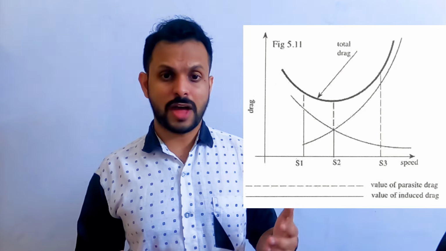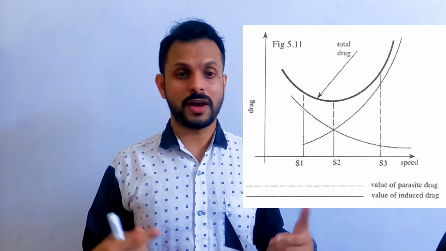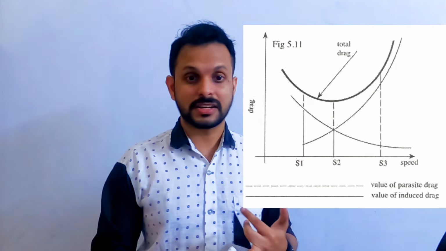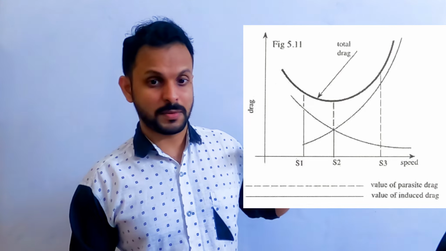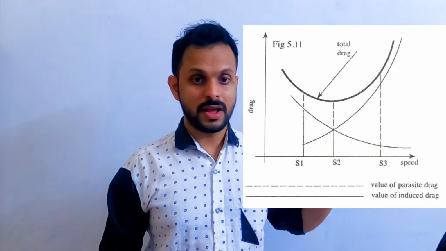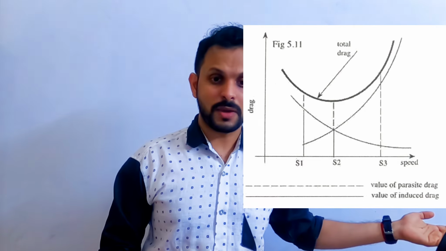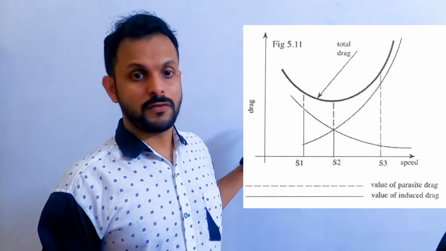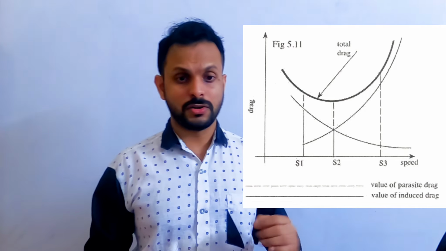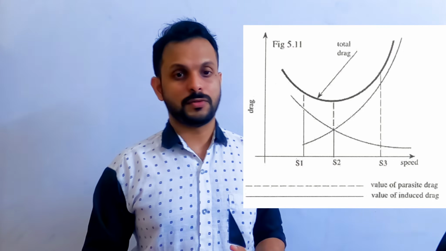The drag is going to be minimum at a point where the parasitic drag intersects with the lift-induced drag. At lower speeds, the drag is higher because of higher lift-induced drag, and at higher speeds, the drag is higher because of higher parasitic drag. So you have to come to a point where the parasitic drag and lift-induced drag intersect, and that is where you have the minimum drag.